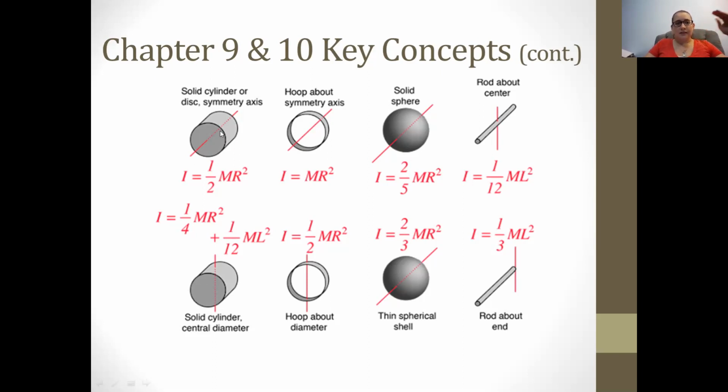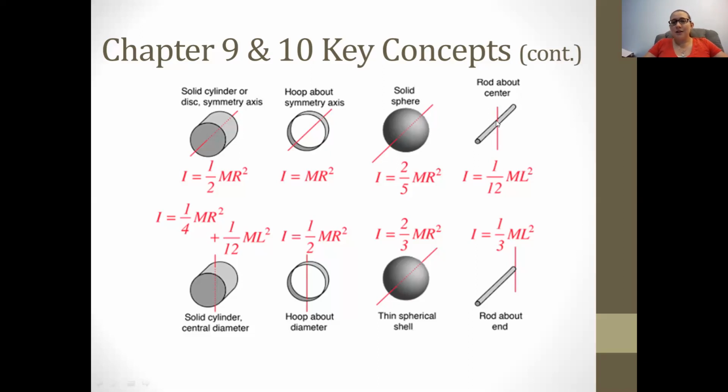We have a cylinder here on top and a cylinder here on the bottom, but our axis of rotation is different. Here it's going through the center this way, and on the bottom it's going from the top to the bottom, so it'd be spinning around this way instead. That makes a big difference in the equation for its moment of inertia, because the mass is distributed differently with respect to the axis of rotation.